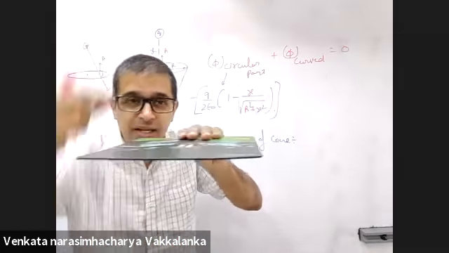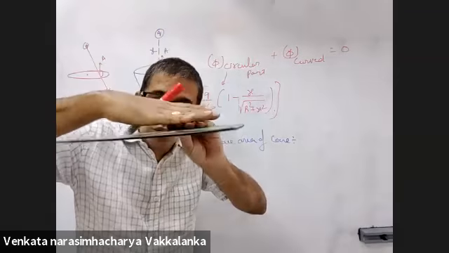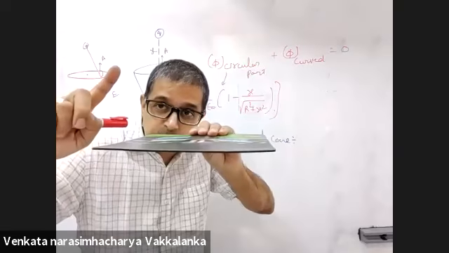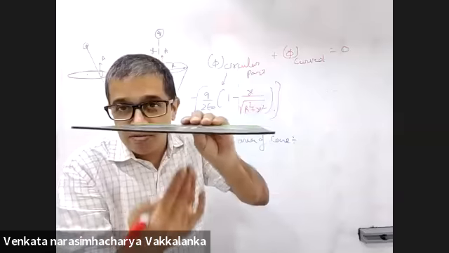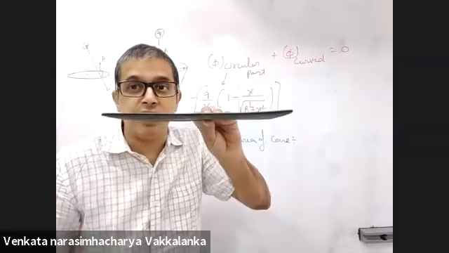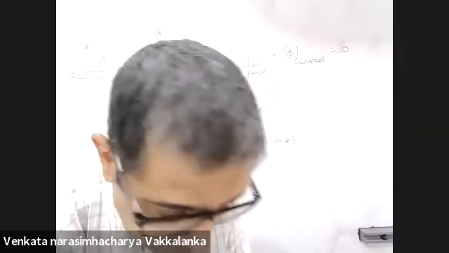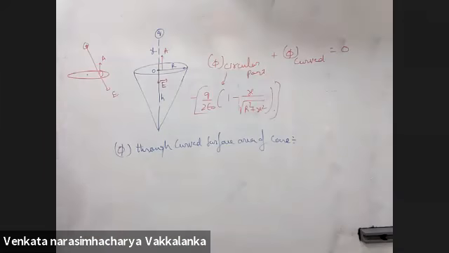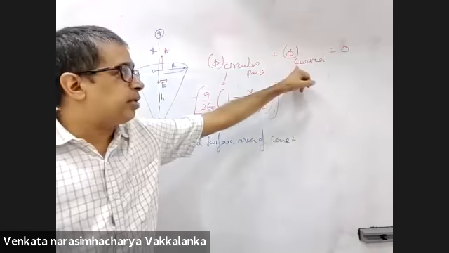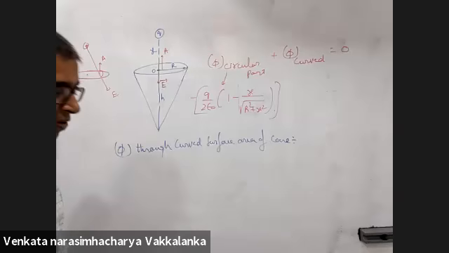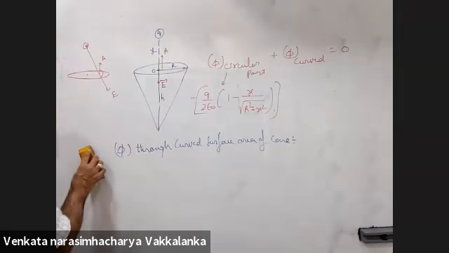If I take a plate here and I have charge here, through the upper face, flux is negative. Through the lower face, flux is positive. Do you get this difference? Yes, sir. So this negative, when I take it to the right, flux through the curved surface, I will get it as positive.